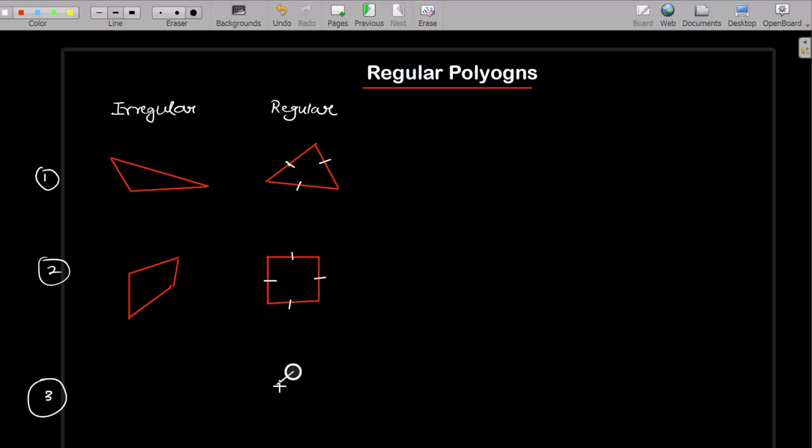If I draw a regular pentagon, it's gonna look like this. So all the sides are equal, and an irregular one will be a very random one.